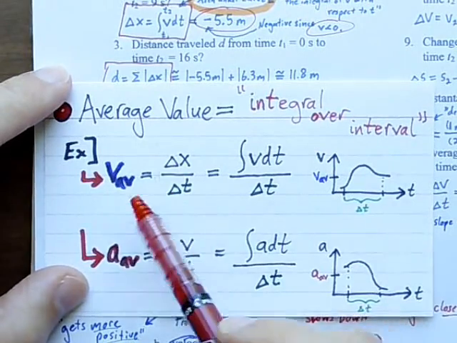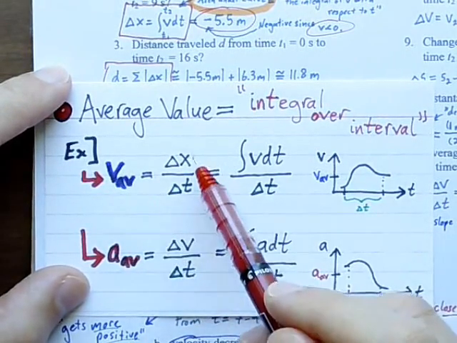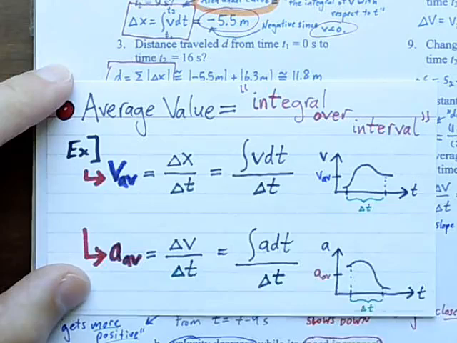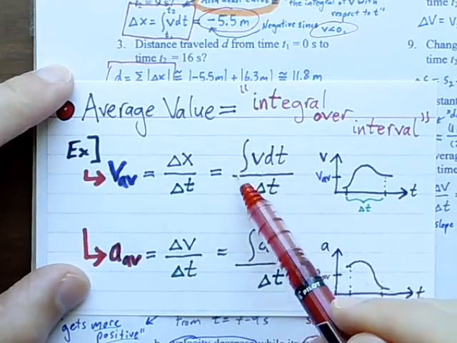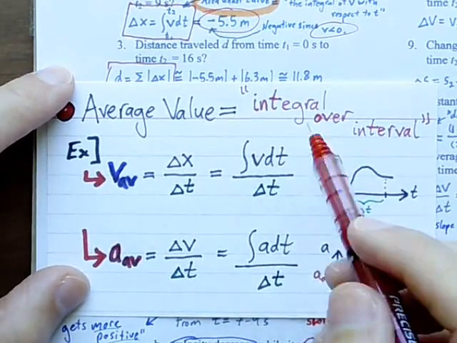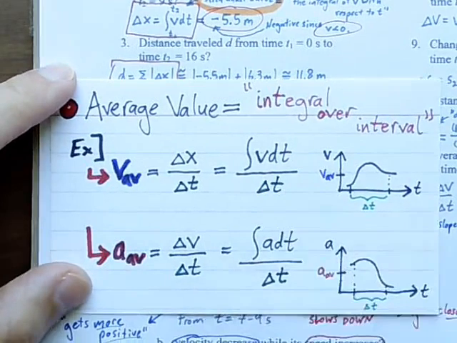So what I mean here is if the average velocity over some time interval is the displacement during that time divided by the delta t, well, our displacement can be found from this integral here, v dt, integrated over that time interval. So this is our integral in the numerator over the interval in the denominator.